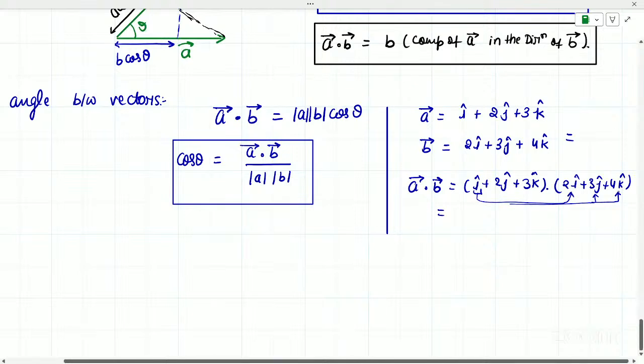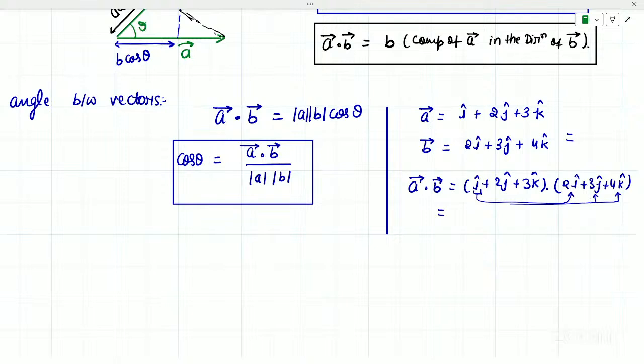The similar goes for i dot k, j dot i, j dot k, k dot i, and k dot j. So from here we can say that when a unit vector is multiplied with a different unit vector, it gives you 0.